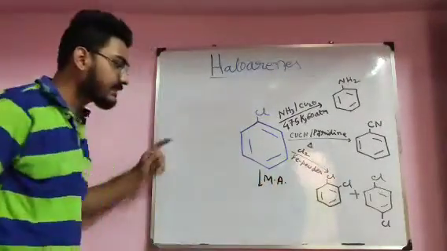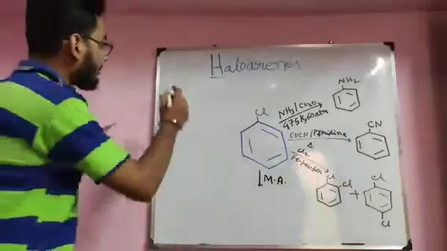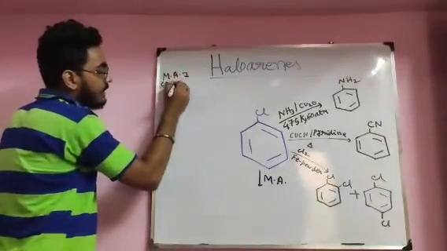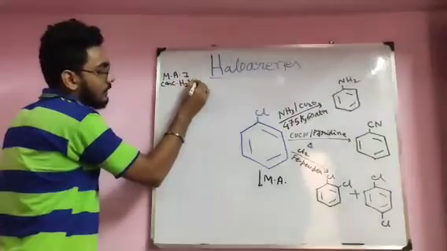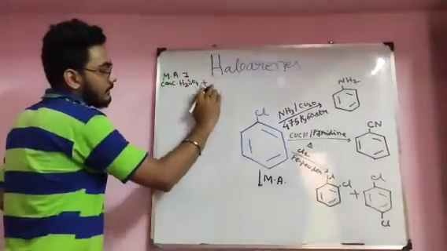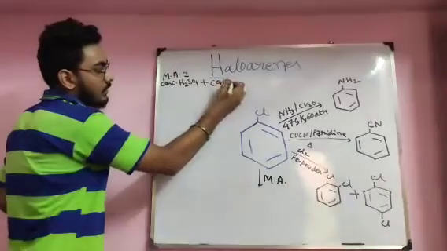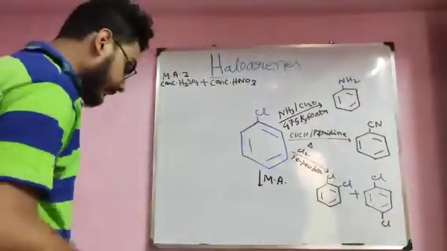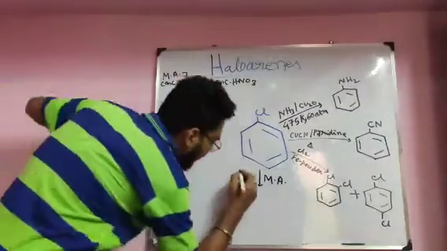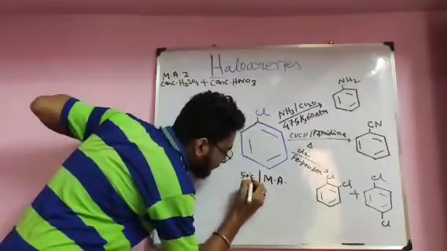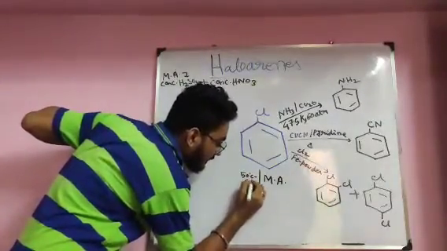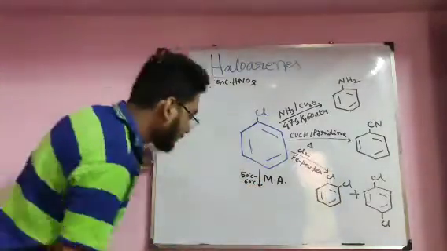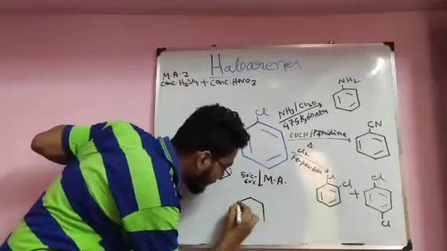Mixed acid means concentrated H2SO4 plus concentrated HNO3 at a temperature of 50 to 60 degrees Celsius. Then the product will form the same as chlorobenzene also.